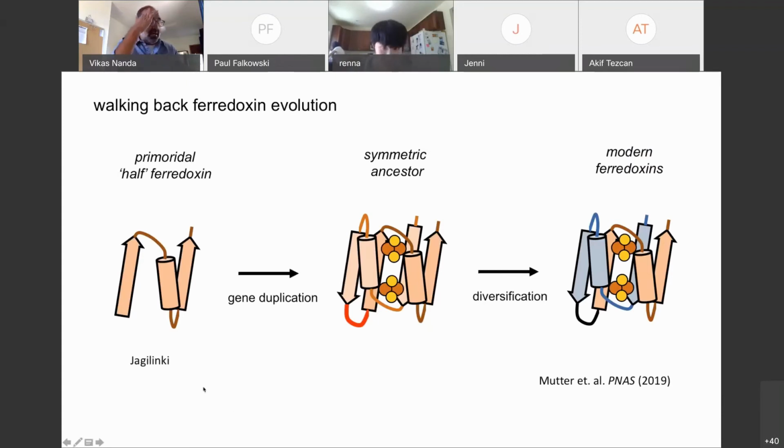This is the work of Banu, and Banu's going to talk about this in detail tomorrow, so I'm not going to show you much of the data. But we are also able to get this molecule to assemble 4 iron 4 sulfur clusters, and its electrochemical properties are also very similar.